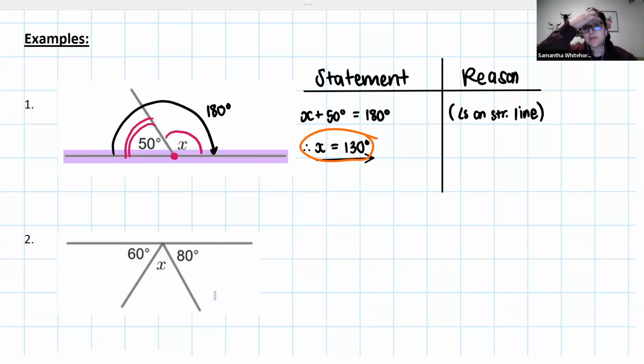Remember those inverse operations. Remember your reason. I'm going to give you another 30 seconds or so, and then we'll go through it.